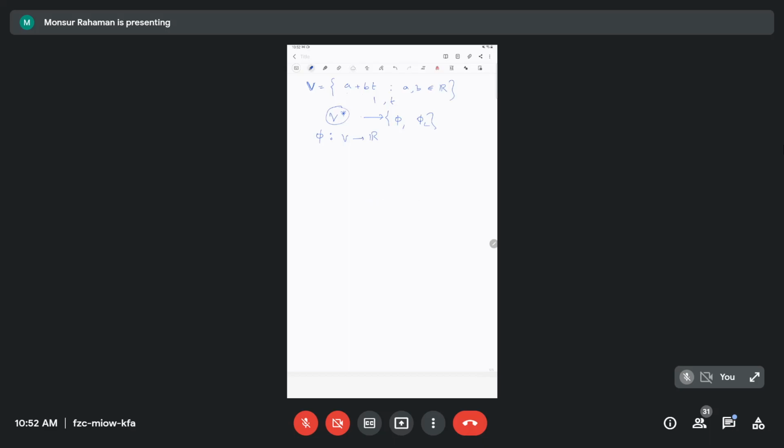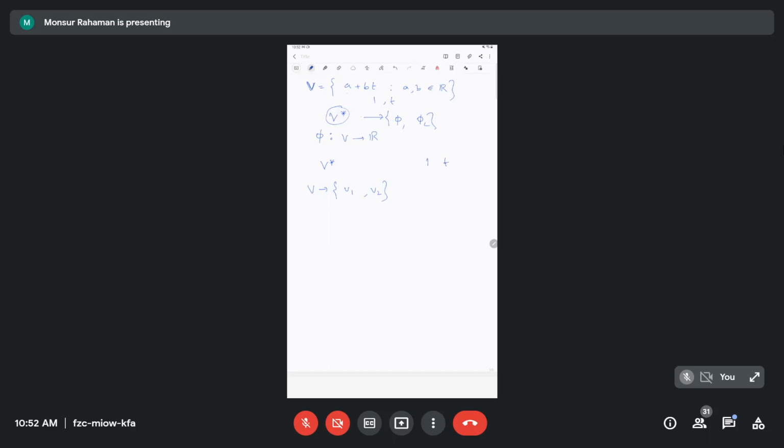This is a dual. You need to find the basis vector of dual space V star. So basis vector of V, if we define V1 and V2, okay.